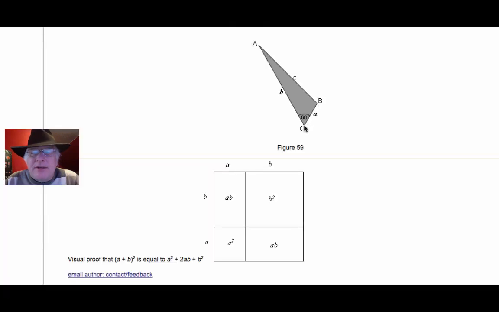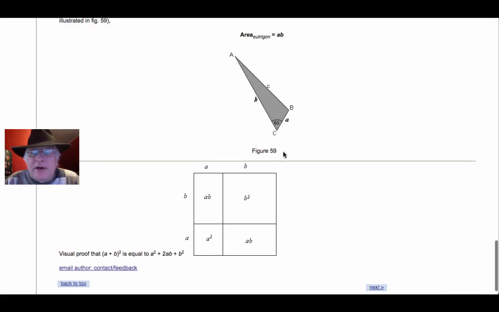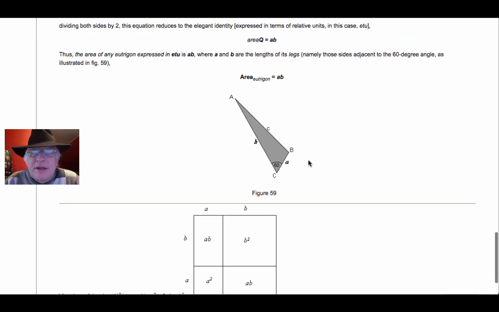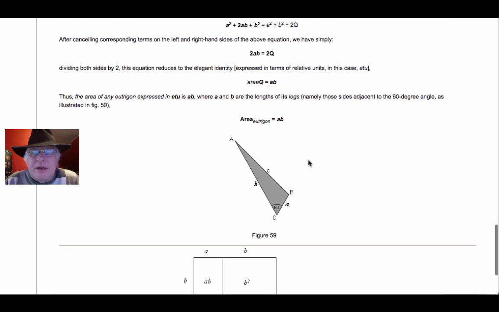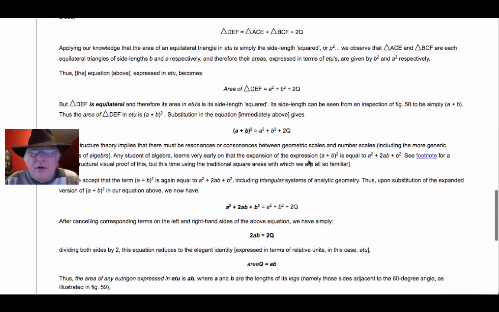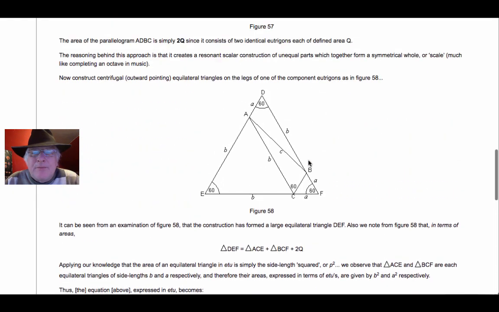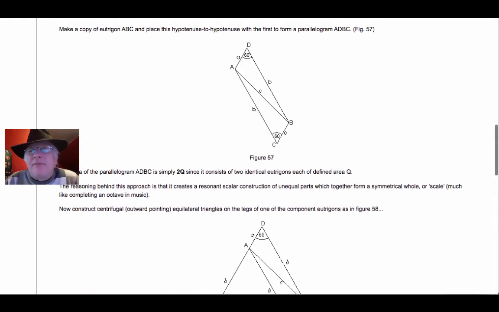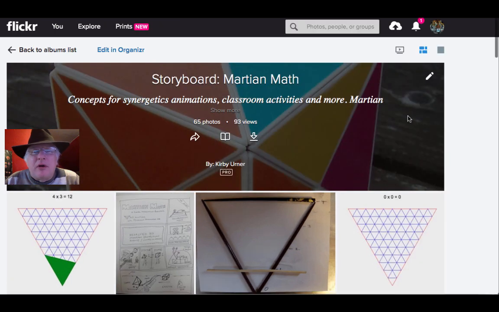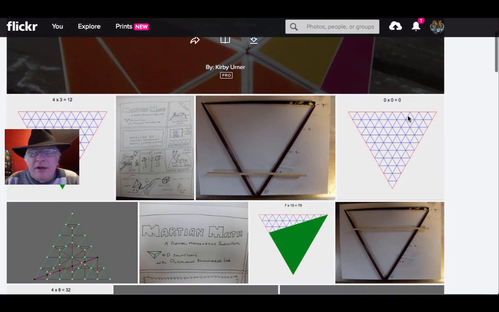The two lengths coming from the 60-degree angle, the ones that define that 60-degree angle, multiplied together give an area that can be expressed in terms of equal area units, or ETUs. And this becomes more fleshed out in synergetics.